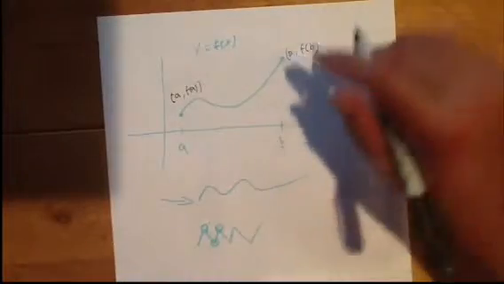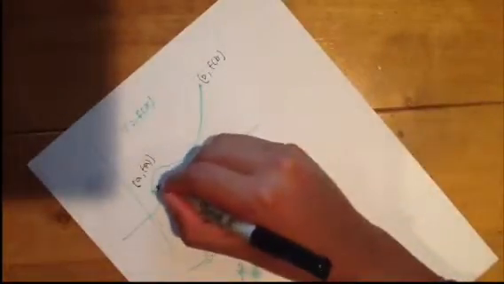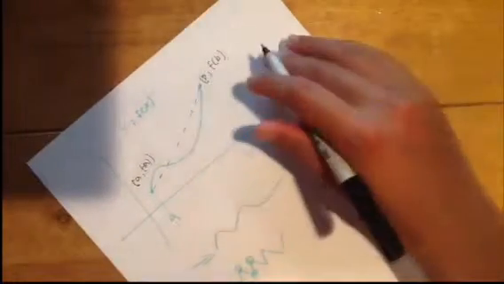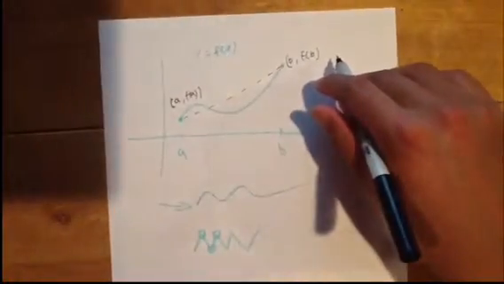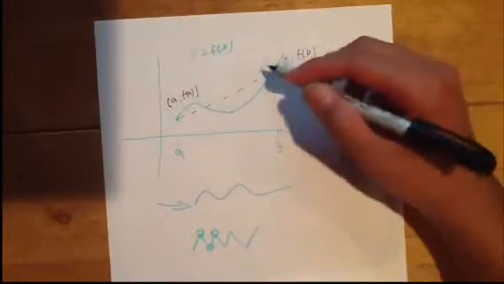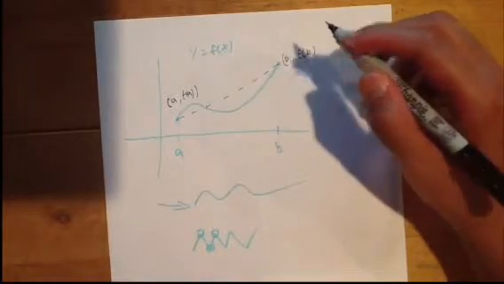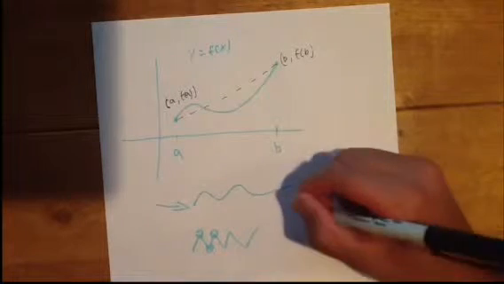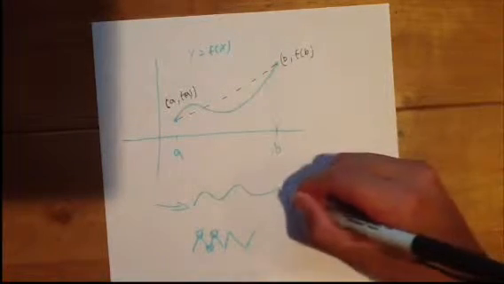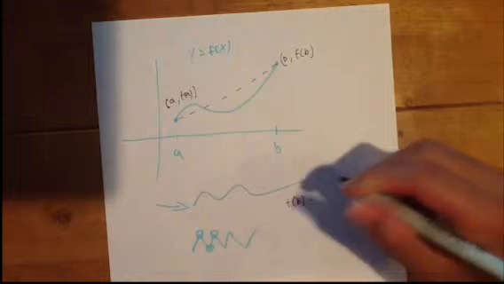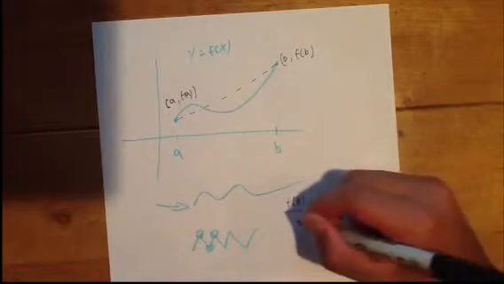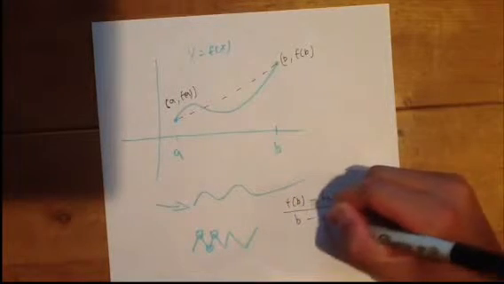Now if you make a line connecting the endpoints, then the slope of that line is just the change in y over the change in x, like we learned like 20 years ago. So the change in y would be generically f of b minus f of a over the change in x, which would be b minus a.